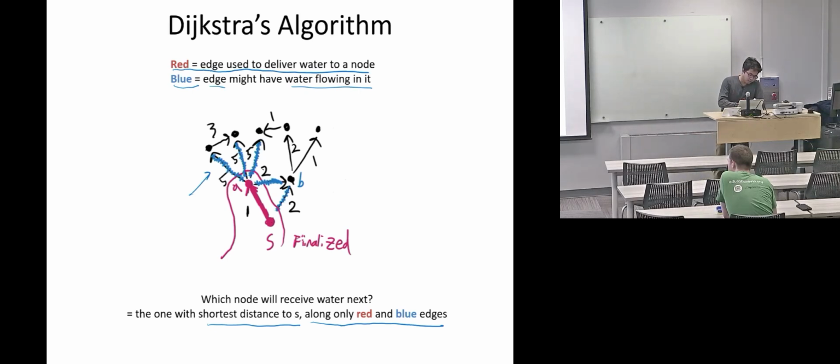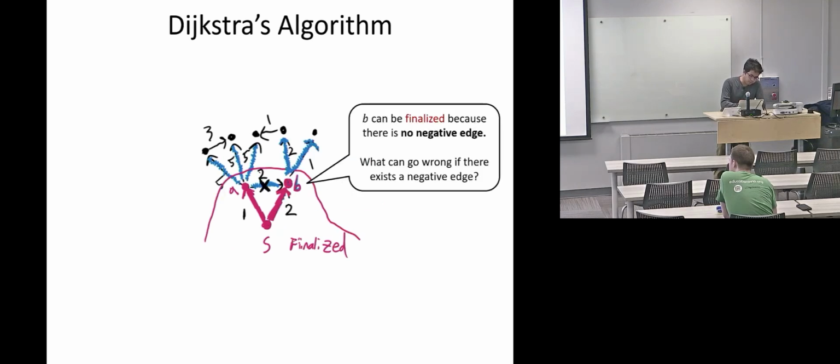And once you know that B is the next guy, then you put B in the finalized set, right? And then you continue updating the blue set.